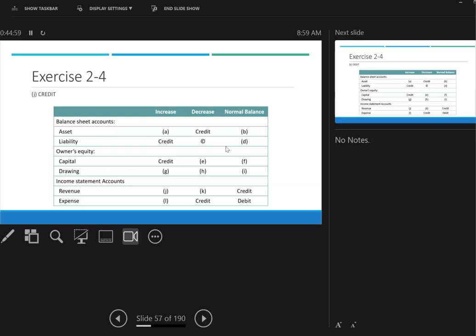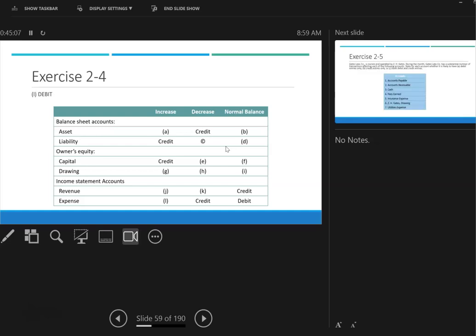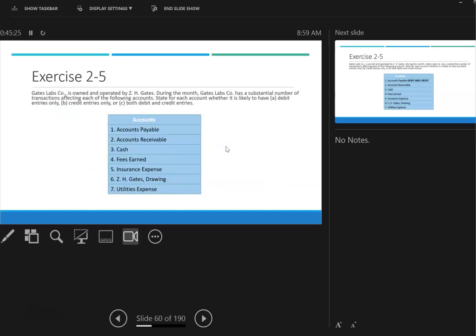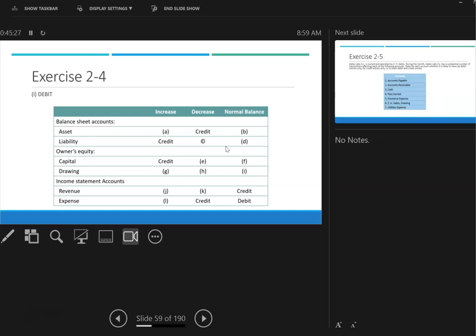Credit it. To decrease it, we debit it. But the normal balance is a credit. Do you guys see that the normal balance is what it takes to increase an account? Okay, you'll always know the normal balance because what increases that account is the normal balance. And then with expenses, to increase it, we're going to debit it. To decrease it, we credit it, and the normal balance is a debit. How are you doing so far, guys? Good?